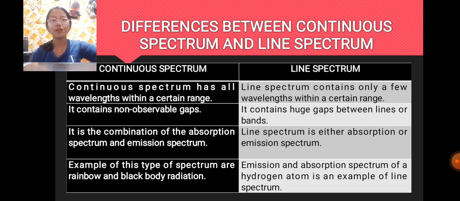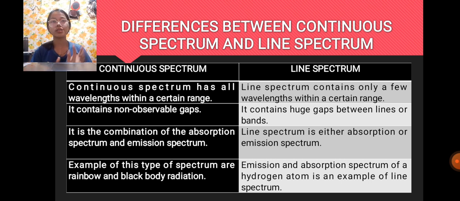So now, let's proceed with the differences between the continuous spectrum and the line spectrum. Miss Arlene Islip has already discussed to you what is continuous spectrum. Now, I will describe to you the differences between these two spectrum. Okay, so continuous spectrum has all wavelengths within a certain range, while the line spectrum contains only a few wavelengths within a certain range.